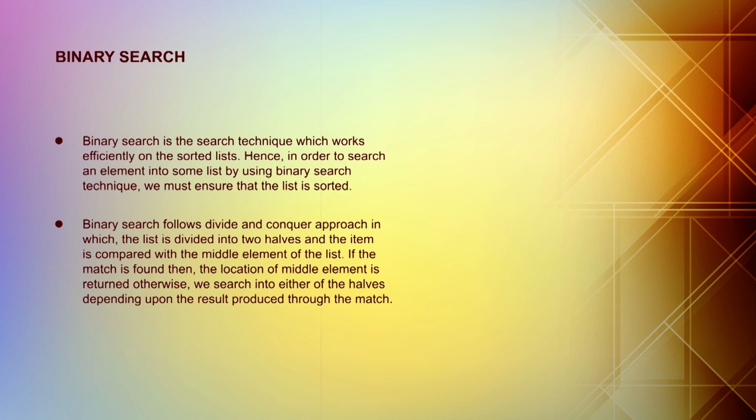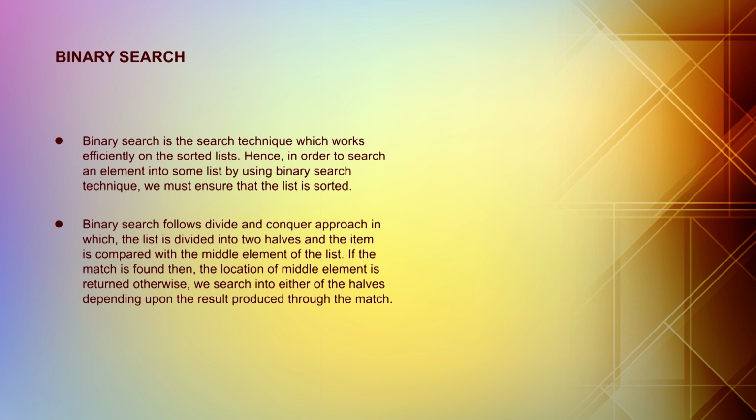As I told you, sorting is a technique to arrange your data either in ascending or descending order. Once the data is organized in a sorted way, we apply binary search. In linear search it is not compulsory, but in binary search it is mandatory that data is sorted. If data is sorted, then binary search is applicable; otherwise binary search is not applicable.